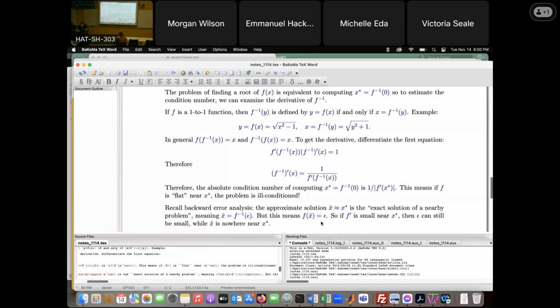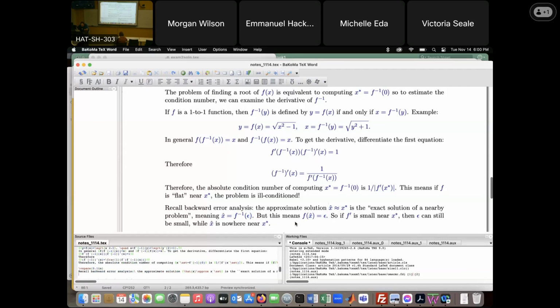If the derivative is very small near the root, then epsilon might be small, but x hat might be nowhere near x star. This is a consequence of the problem being ill-conditioned: your forward error is large, even though your backward error is small. Because remember, backward error times condition number is forward error.